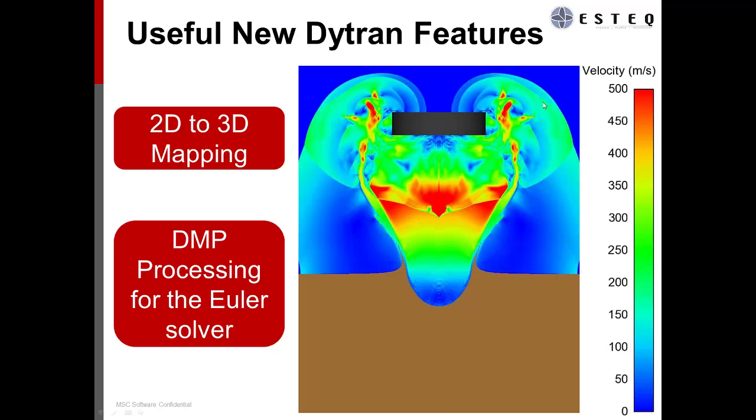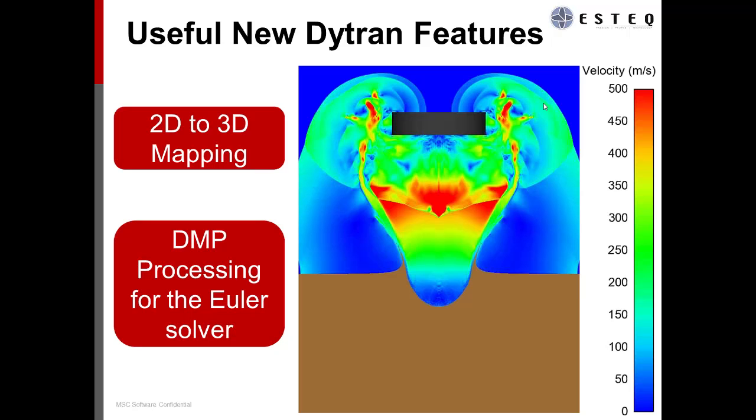But your approach would typically be to create a 2-dimensional analysis for the initial stages of the mine blast as the gases expand, and just prior to them impacting the vehicle hull, you'll then map those pressures and velocities over to a 3-dimensional mesh and then continue solving the model from there.